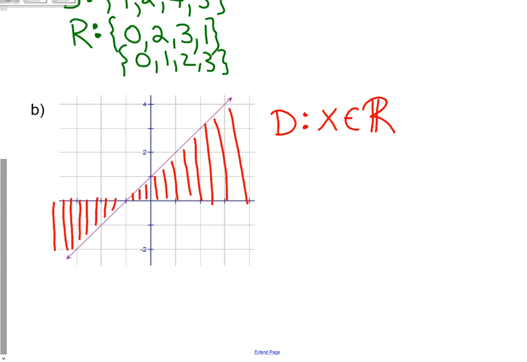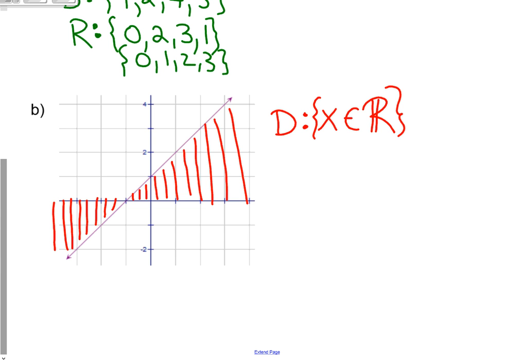So x is an element of the real number system. What that means is that we could input any value we wanted for x, and we would get an output. So I'm just going to put my squiggly lines on either side. And there we go. So that is definitely different than what we've seen before. But that's what it means, okay?